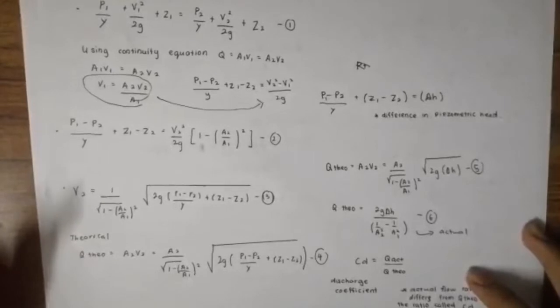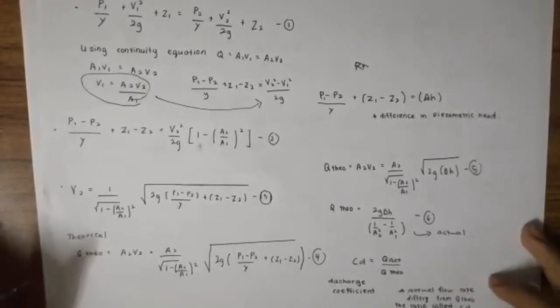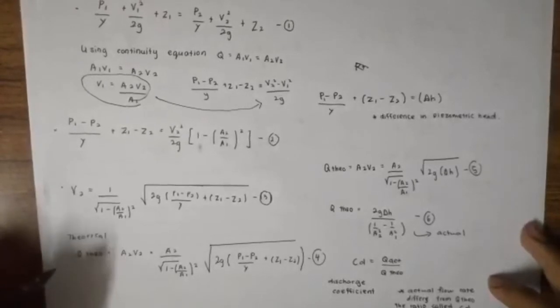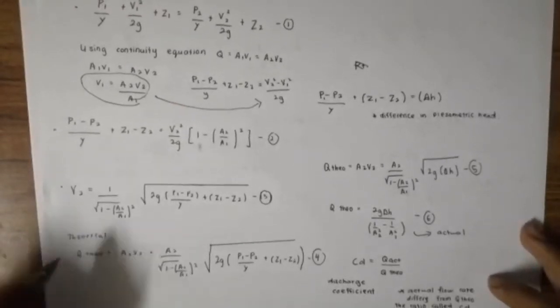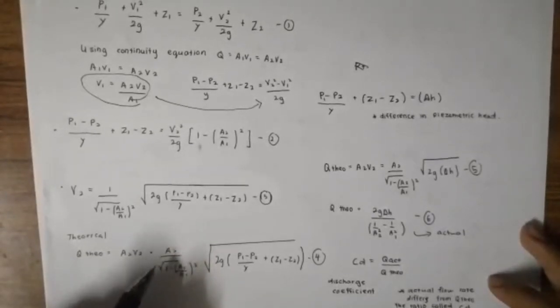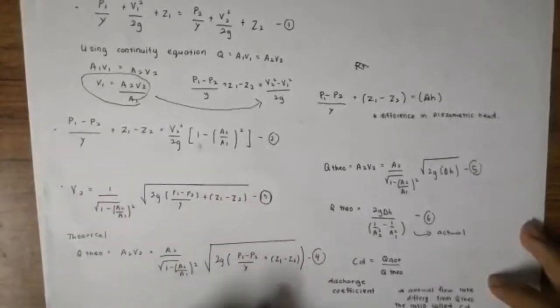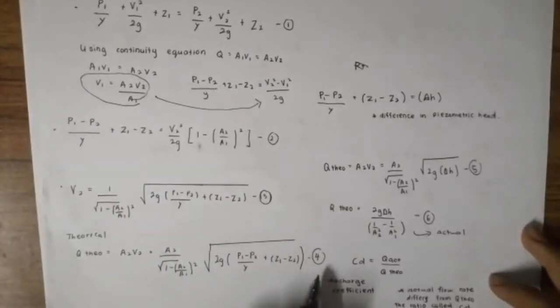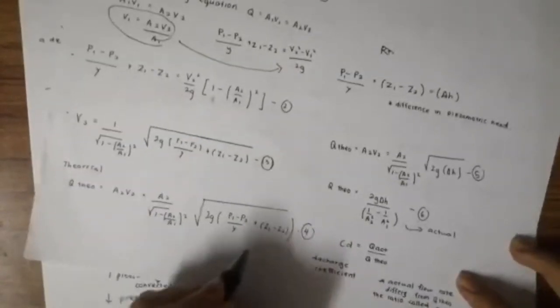Next, from the theoretical equation for the theoretical flow rate, we can see that the theoretical flow rate equals A2 V2, equal to A2 over this formula, and we get the fourth equation.